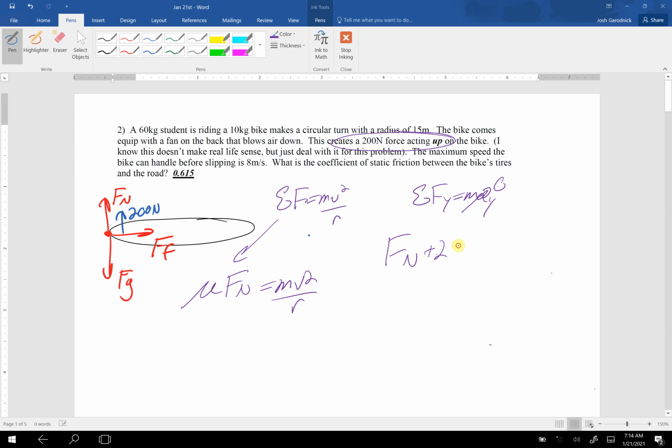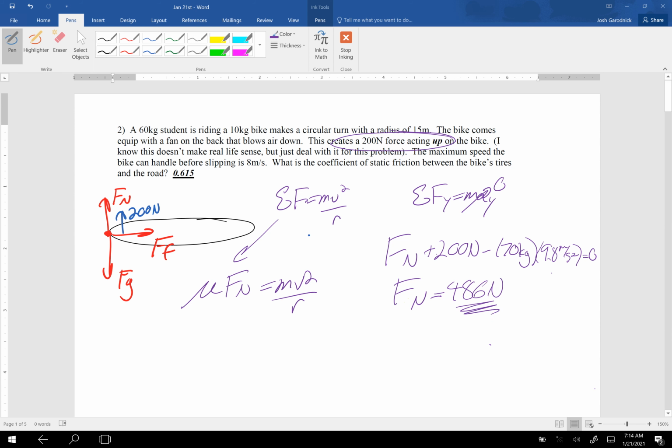So we have plus 200 newtons minus the force of gravity, which would be 70 kilograms because the mass of the person and the bike together times 9.8 meters per second squared equals 0. Solving for the normal force, we get 70 times 9.8 minus 200, we get 486 newtons.